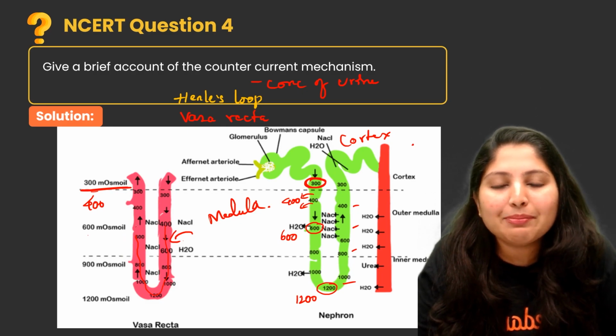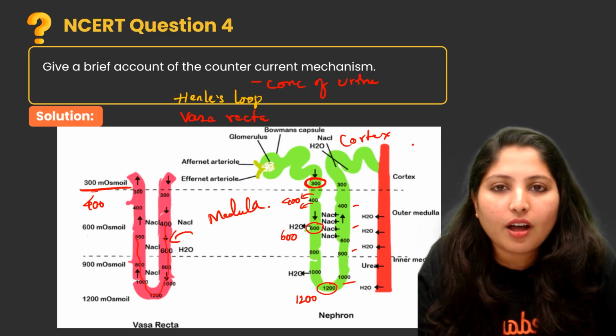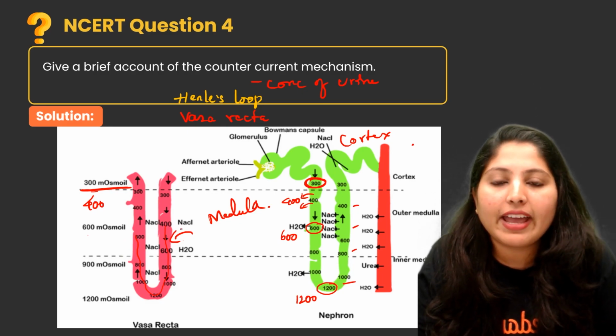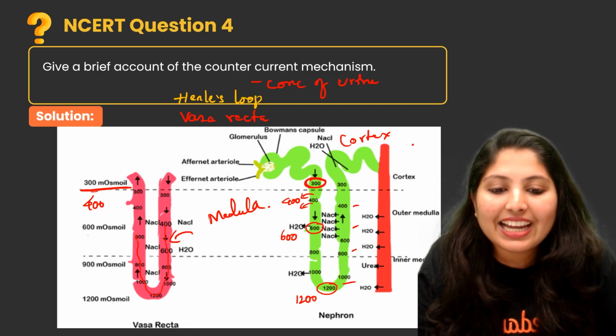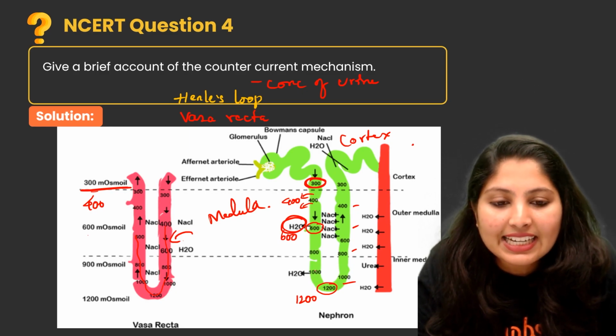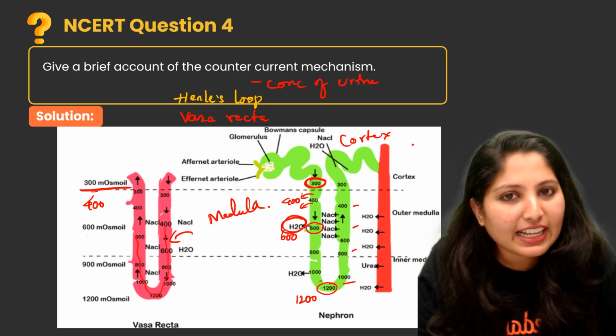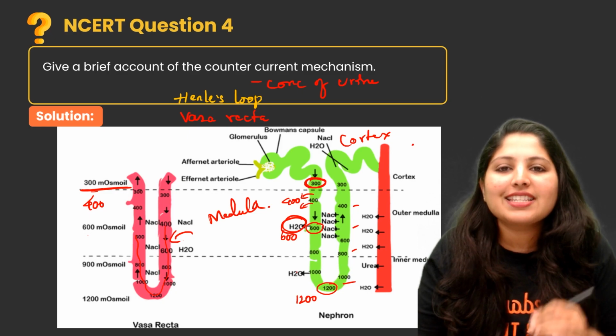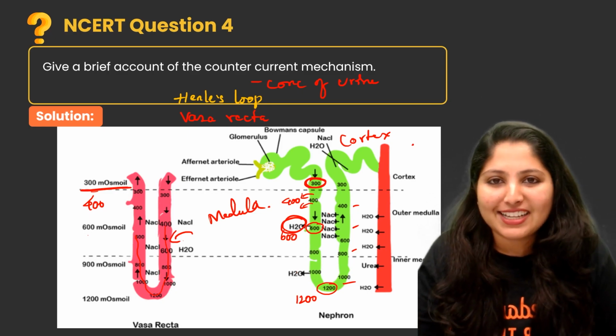When the ascending limb contains more and more NaCl, this helps the release of water in the descending limb of the Henle's loop. So this is known as the counter current mechanism.